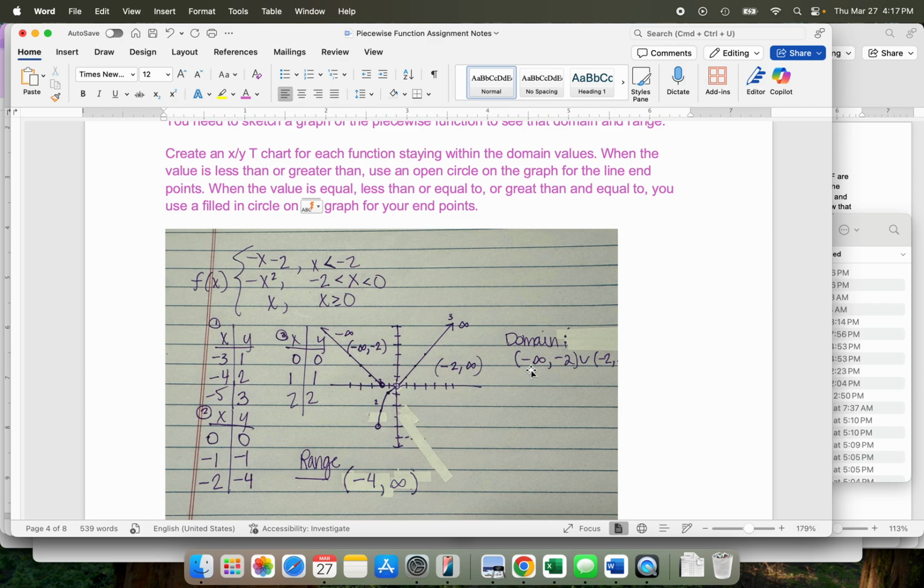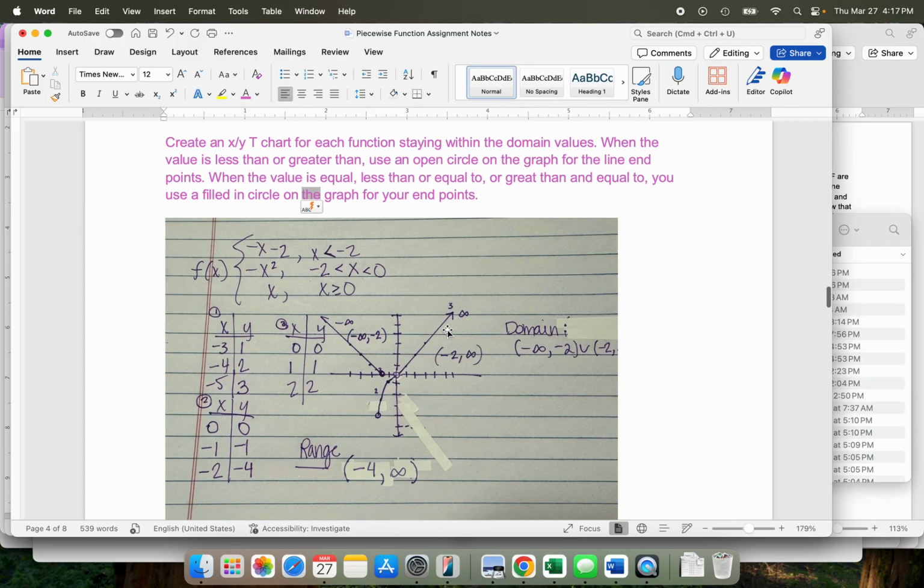So it's negative infinity, -2, the union symbol, -2, infinity. Sorry, that cut off, but it looks like that. Okay, and then for the range, our minimum value is -4, and our maximum value is infinity.